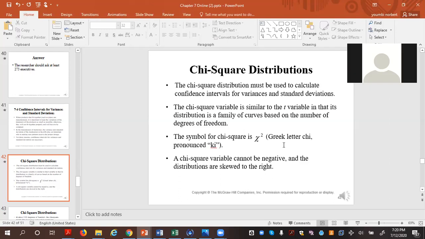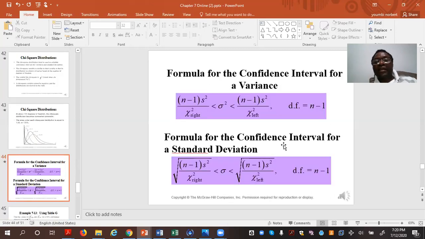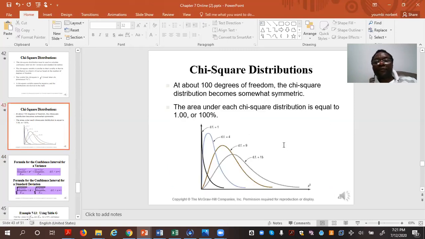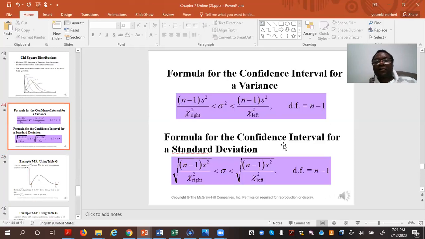Okay. So that you have an idea of what the chi-square distribution is: the chi-square distribution is a positive distribution. It is skewed to the right. It depends on degree of freedom like the T distribution. This is how you find the confidence interval for the variance.